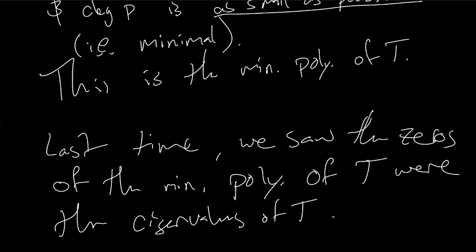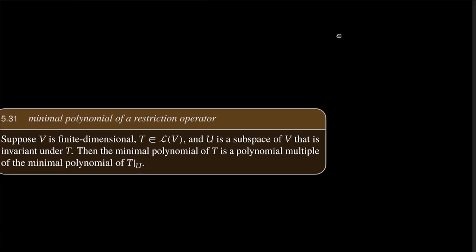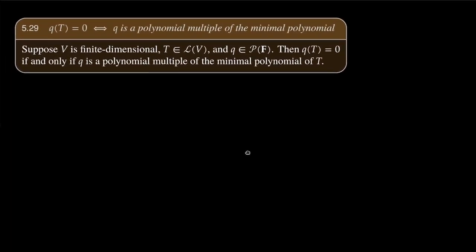Okay, cool. So we haven't talked about the multiplicity of an eigenvalue yet. Eigenvalues of T, I'll say potentially with repetition. Okay, cool. So today, let's start off by showing this fact.